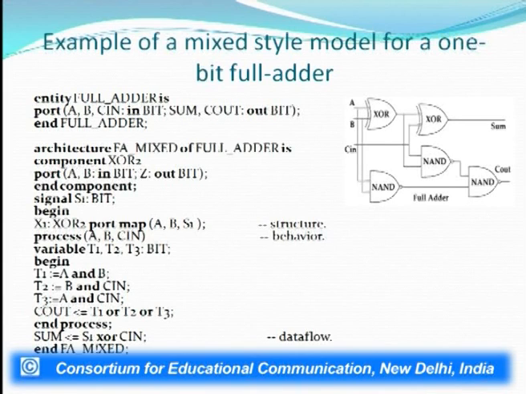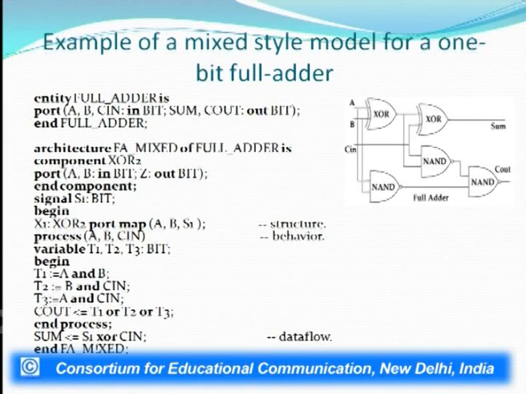Then I begin my behavioral description wherein I define a process which is sensitive to A, B and C in. I define 3 variables T1, T2 and T3. These are essentially the outputs of the 3 NAND gates that have been put in here. Then, followed by that, I say begin. Here it is important to note the symbol that is being used for the assignment of a value to a variable.